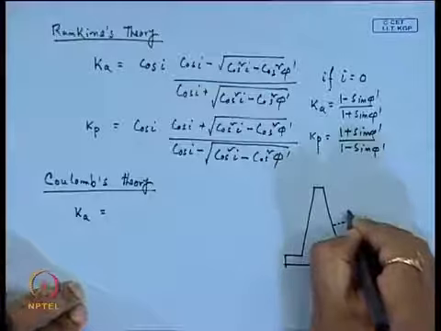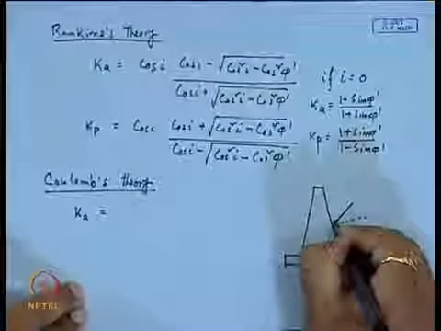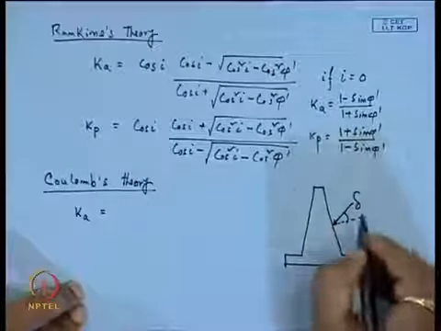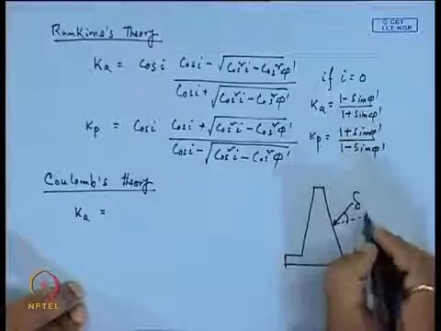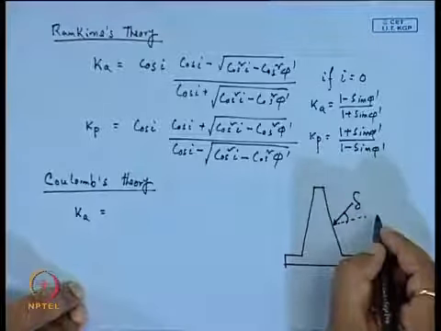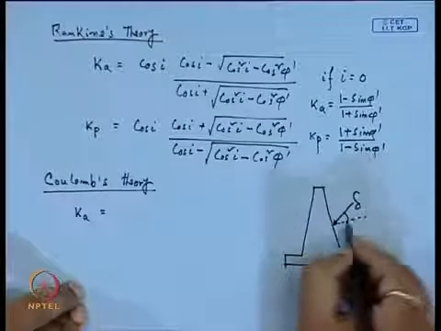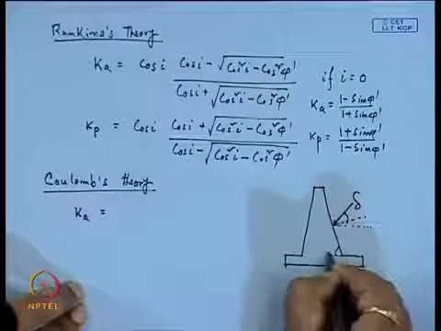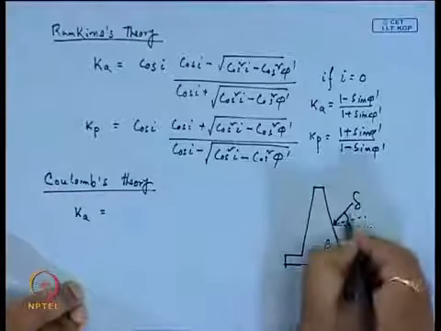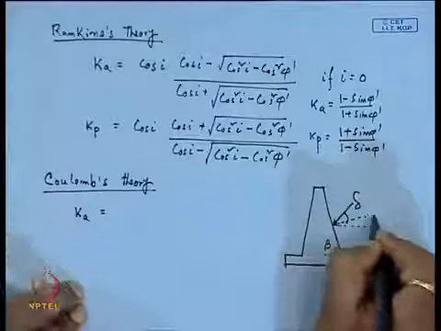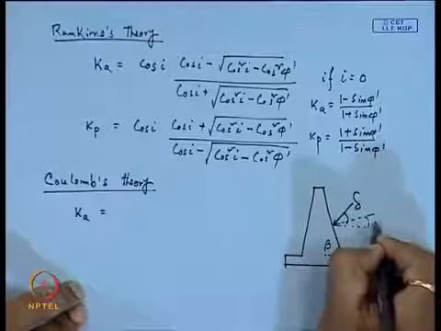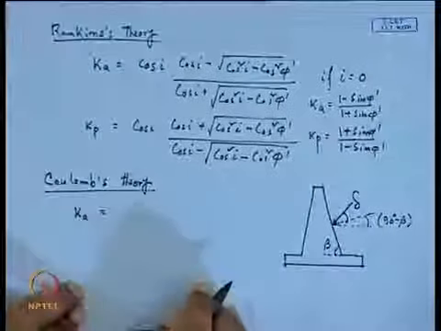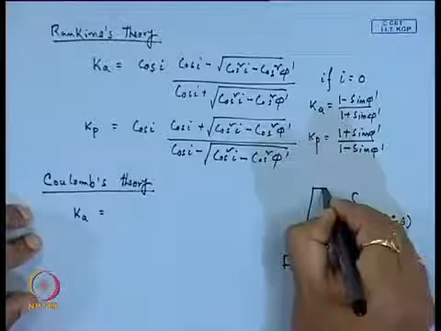We draw a perpendicular line, and the force is acting at angle delta. This is our horizontal line, and if this angle is beta, this acts at delta with the horizontal line, and this angle will be 90 degree minus beta.